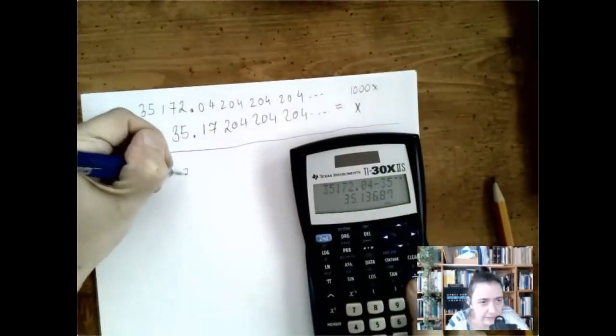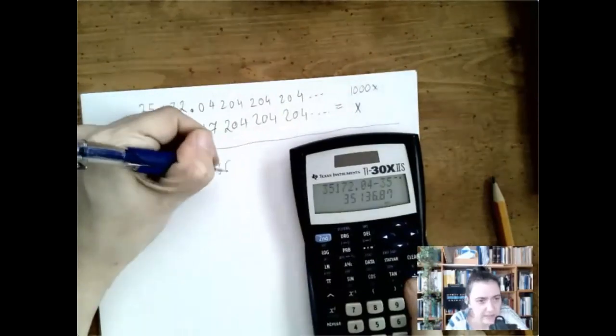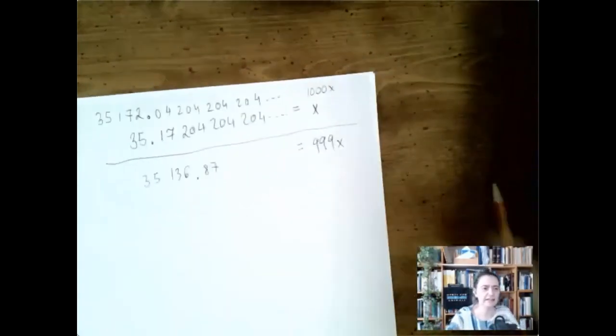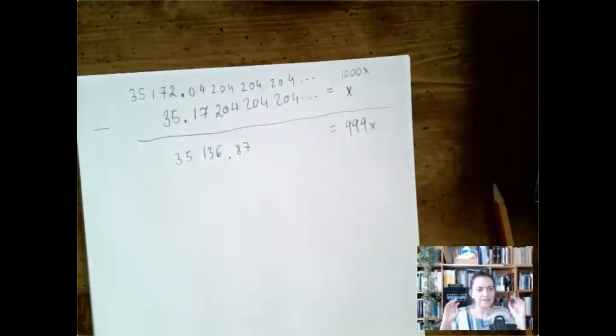And that's 35,136.87. And that's 999x. We fixed the infinite tail. We got the terminating decimal.